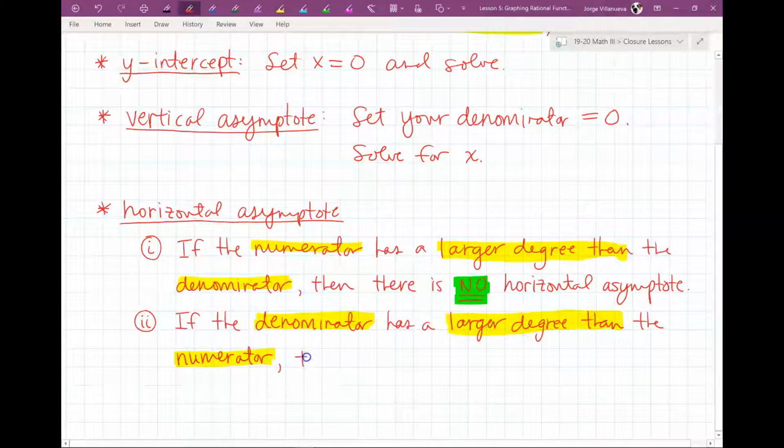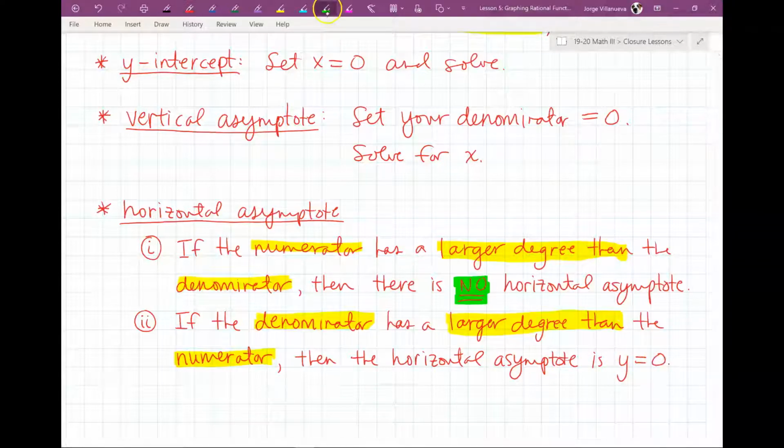Okay, then the horizontal asymptote is y equal to 0. So you're going to draw a horizontal line, y equals 0.